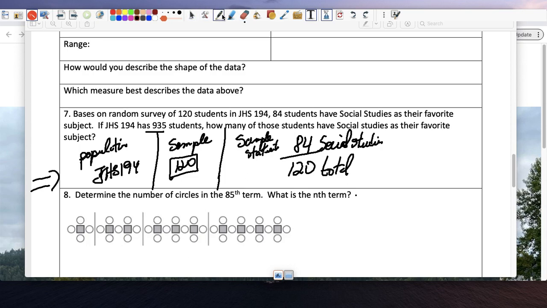So how do I use this? We can set up a proportion. The total is 935, and we can call the unknown X: out of 120, 84 like social studies; out of 935, how many will like social studies?